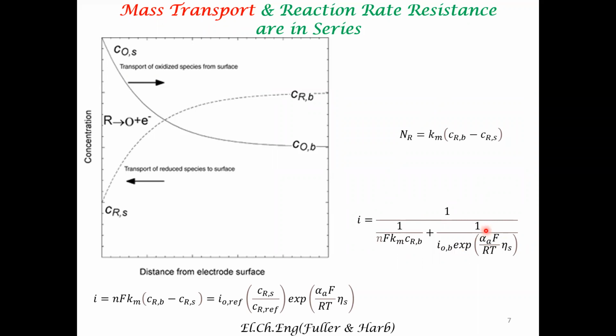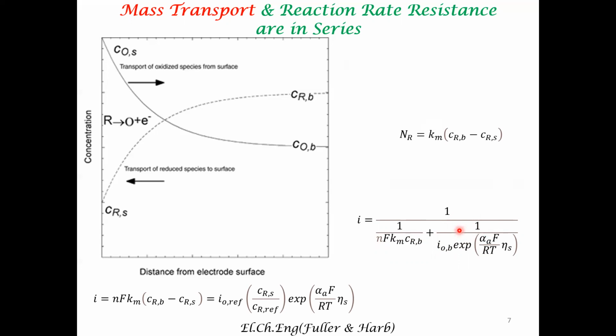Just to correct, I made a statement that it is 1 by R, which is not true. It's the R total. The overall resistance is given by the resistance to mass transfer, that is this quantity, and the resistance to electrochemical kinetics, that is this quantity.